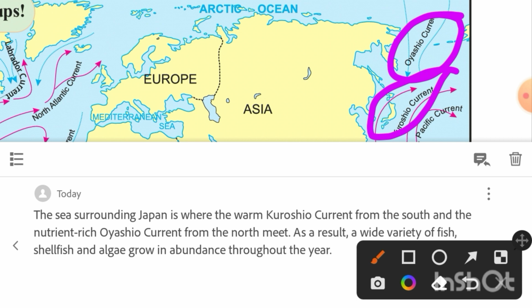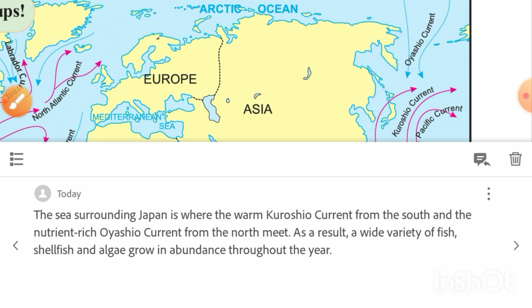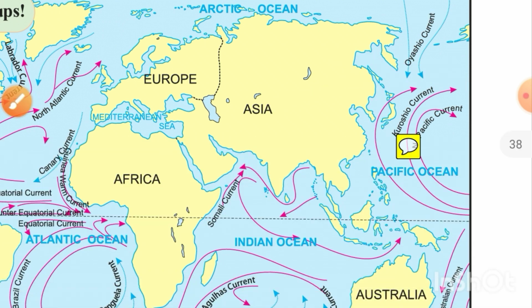When this warm and cold current merge, there is fog produced in that area, because of which plankton grows there and fish are attracted. There is such a place in Japan. So Japan has one of the largest fish industries because of such conditions.